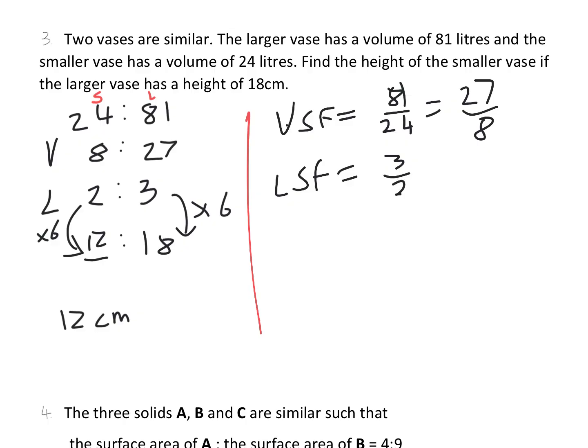And then I would take the larger length, which is 18. Because I'm going from the large vase to the small vase, I wouldn't multiply by the scale factor 3 over 2 because that would make it bigger. I want to divide by the scale factor because I'm going backwards. And if I divide by 3 over 2, that would give me 12 centimetres.